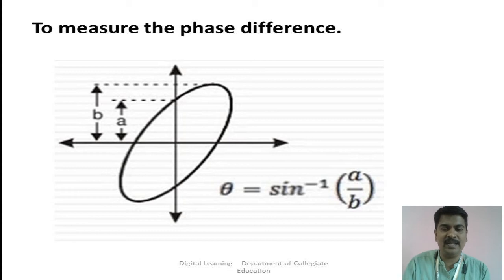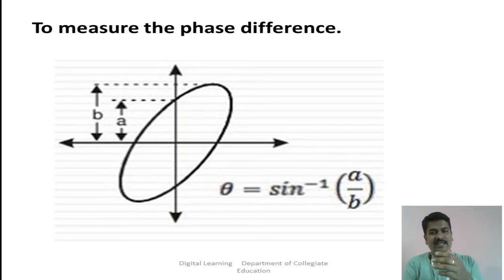From this point to the origin, the distance is B. So I'll explain it once again. From the peak of this ellipse, you draw a horizontal line which touches the y-axis at this point, and this y-axis distance is B. Now we found A and B with the ellipse.